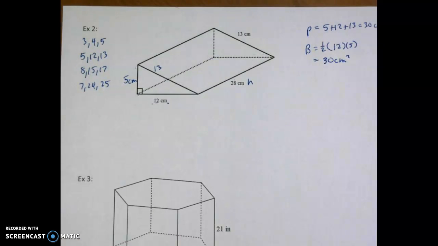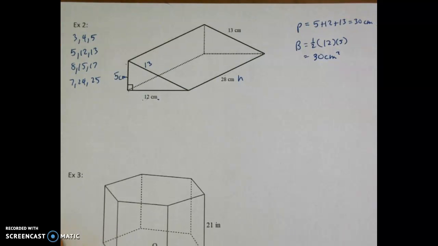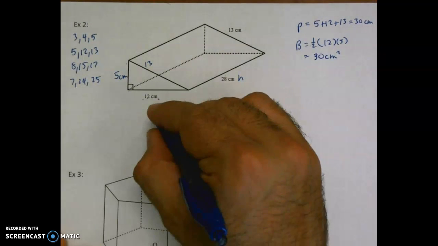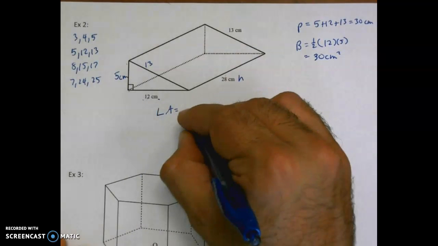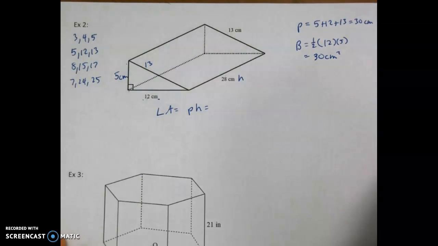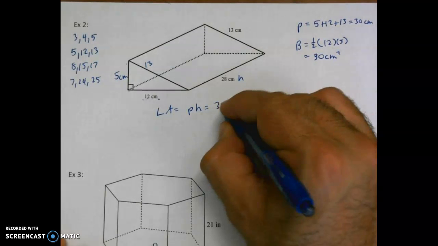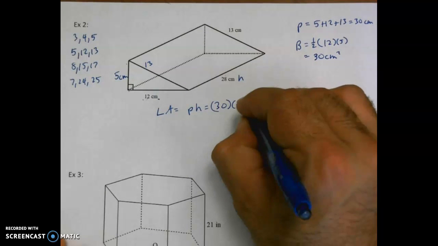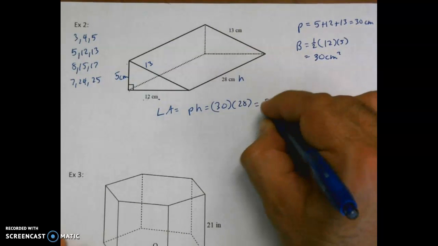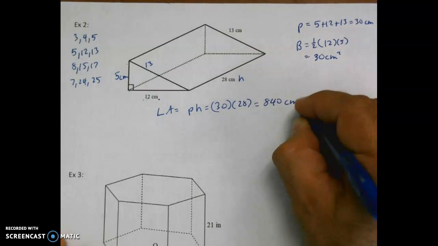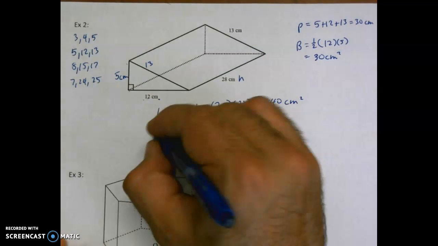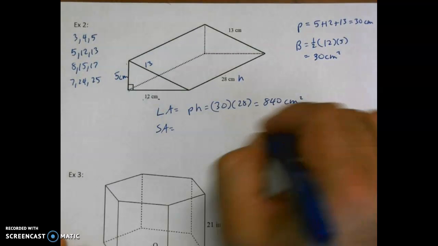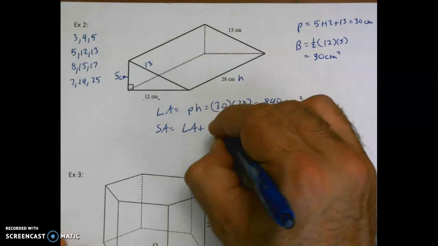So the P is 30 and the B is 30, but they are different units. Okay. So now that I have P and B, I can find my lateral area. Perimeter times height. Perimeter, of course, is 30. Height is 28. 30 times 28 is 840. The units here will be square centimeters. Surface area is LA plus 2B.